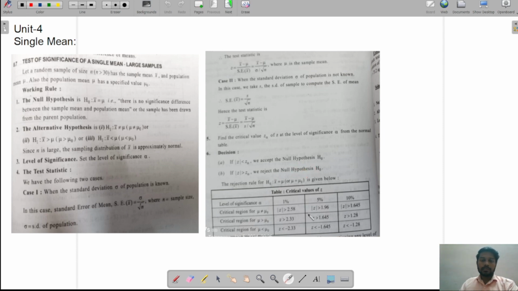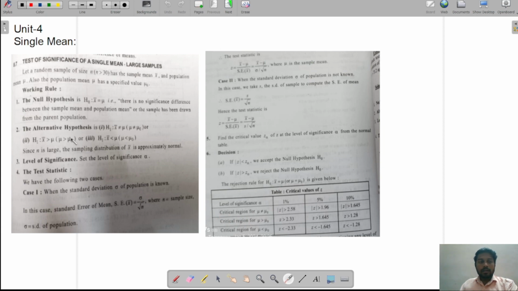Here are the standard values of z alpha, at 1%, 5%, 10%. When the critical region is not equal, I mean the alternative hypothesis is not equal, these are the values we take at 1%, 5%, 10%.